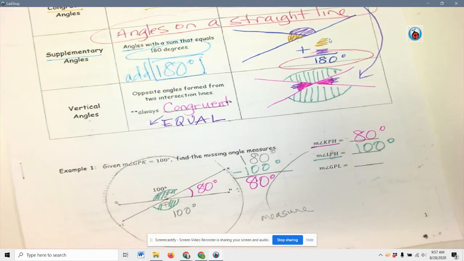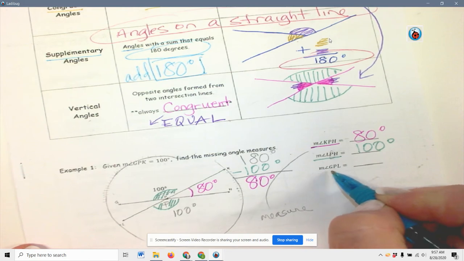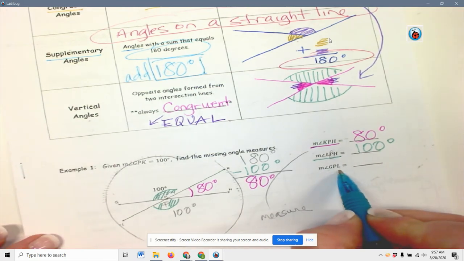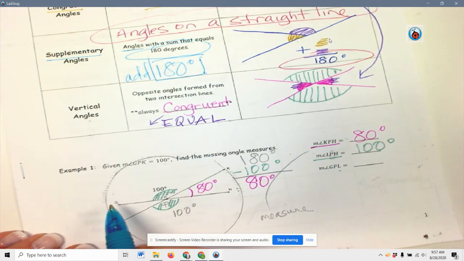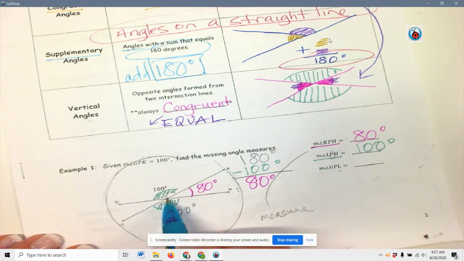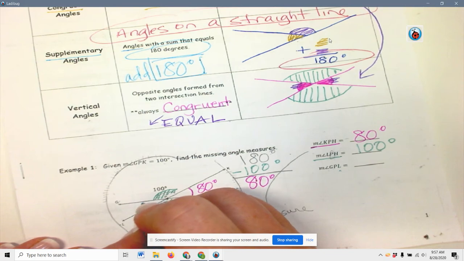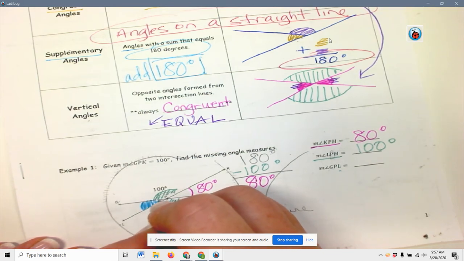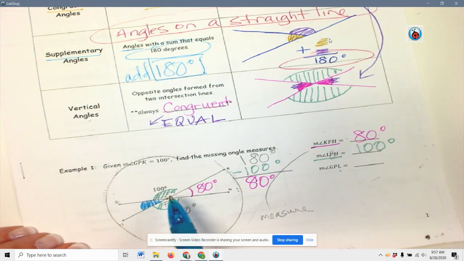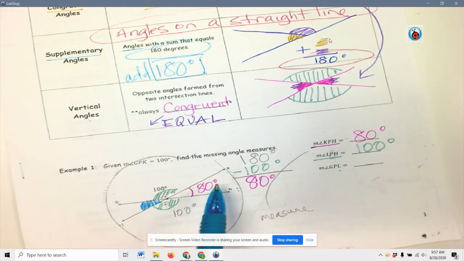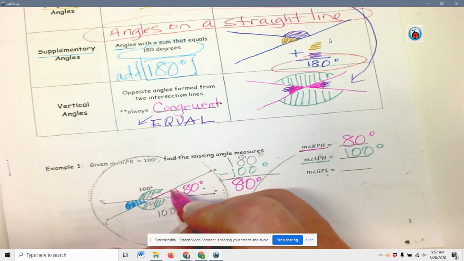Okay? Our last angle, measure of angle GPL. Well, let's find our G. There's our G, P, L. So they're looking for this other small angle. Well, how do we get that? Well, there's another angle opposite it, okay? That's 80 degrees.